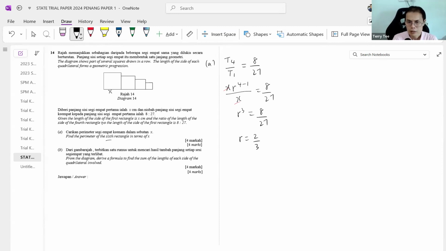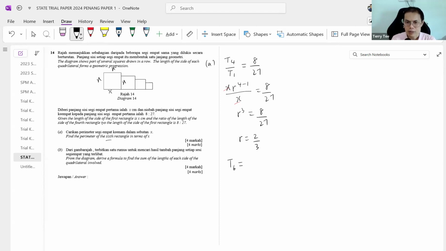We got the common ratio, but we haven't finished yet. We are supposed to find the perimeter of the sixth square, in terms of x. Perimeter is basically times 4, because all four sides are x. Maybe you find the length of the sixth one first.